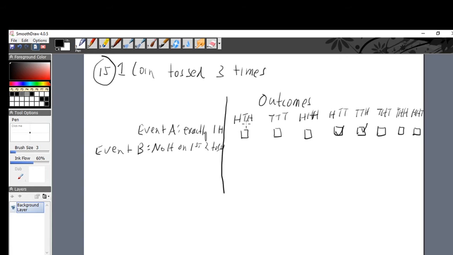I'm writing the checks next to each row. There's heads in these first 2 tosses. There's a head in these first 2 tosses. There's no heads in the first 2 tosses. There is here, and there is here. So forget it. There's only two outcomes that fit the bill.